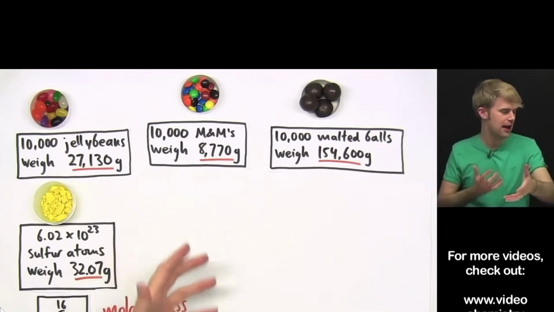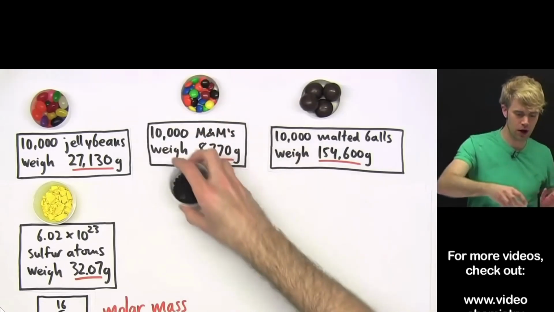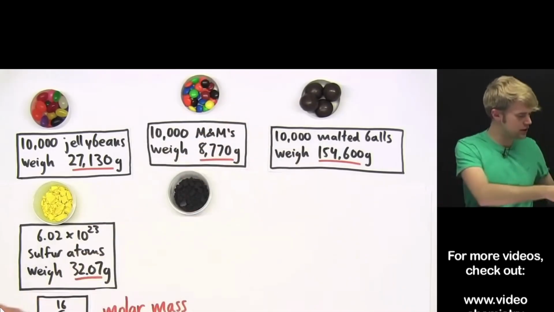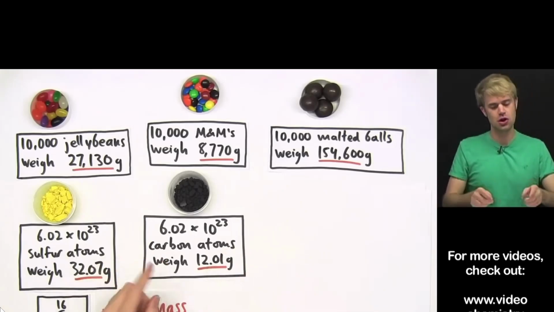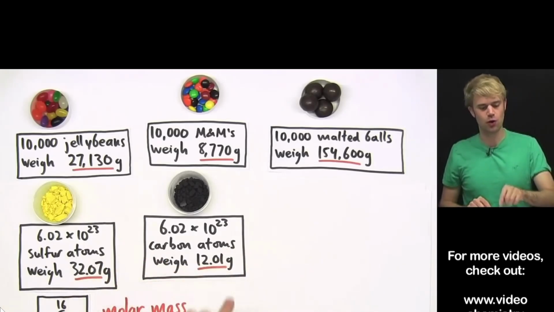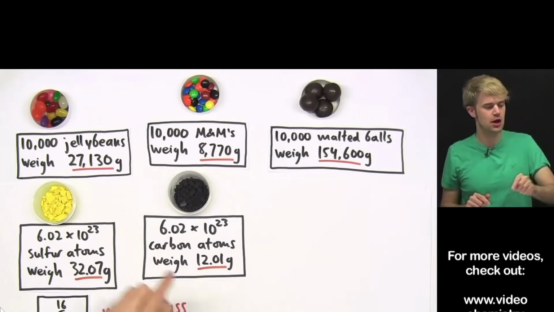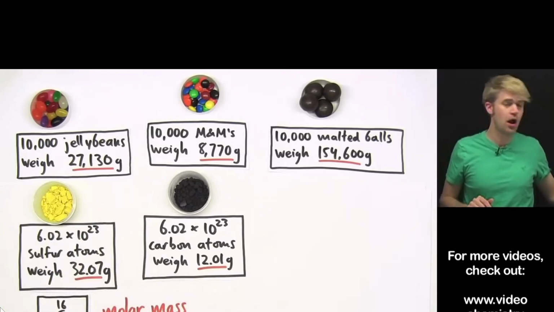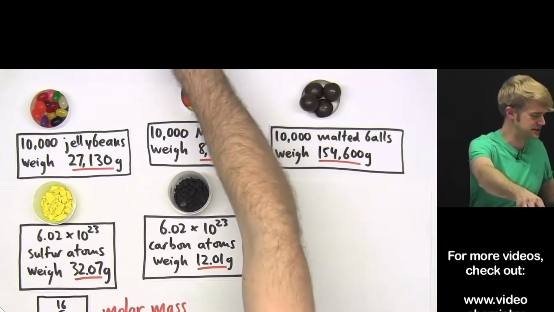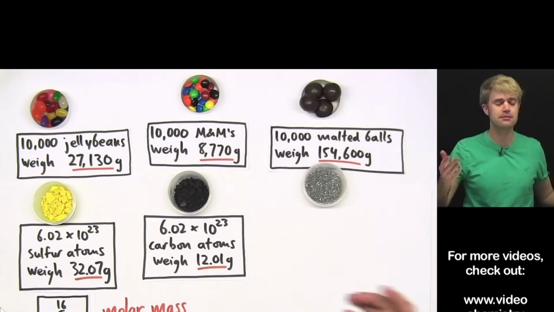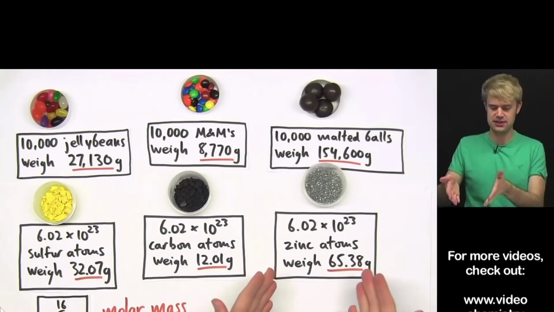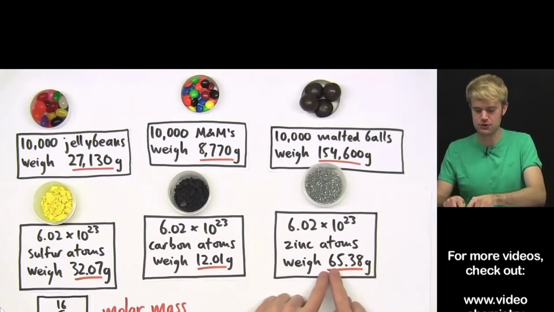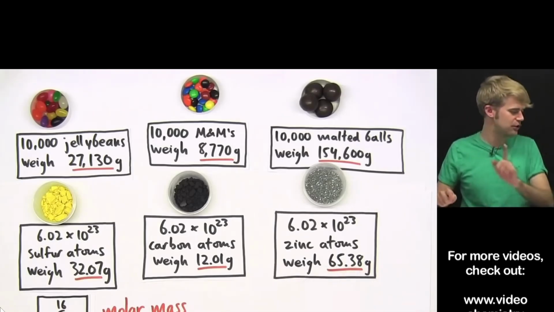So it's the same way with atoms. Some are lighter and some are heavier. Carbon, for example, is a little bit lighter than sulfur. And 602 hexillion carbon atoms only weigh about 12.01 grams because carbon atoms are just lighter than sulfur atoms. On the other hand, zinc atoms are heavier than sulfur atoms. So a mole of zinc atoms weighs 65.38 grams.